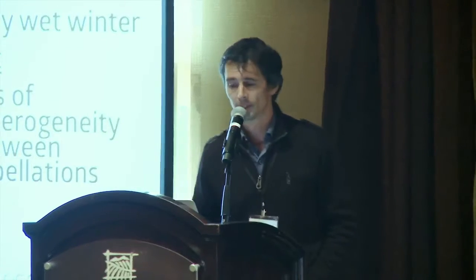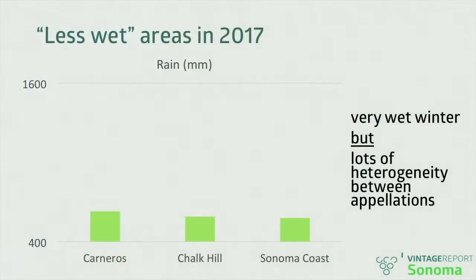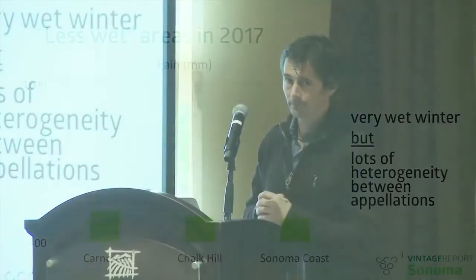But what I'd like to hint at is, even if we know it's a footprint of the year to have had a lot of water, look at what happened in the less wet areas. You see that Carneros, Chalk Hill, and Sonoma Coast, depending upon where you were collecting water, were still having a lot of water, but significantly less than Sonoma.